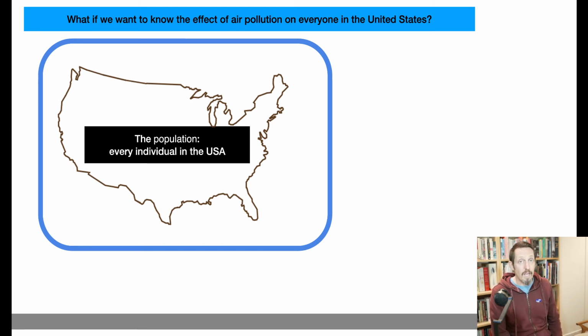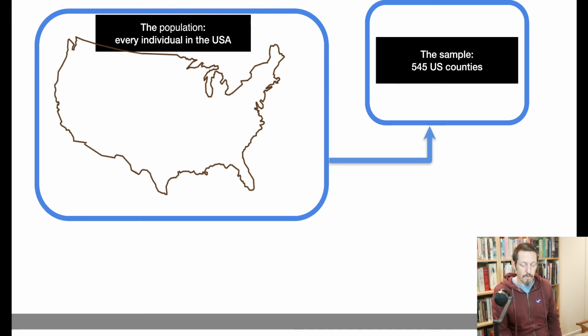So obviously we can't do measurements on every single American, all 375 million of us or whatever it is now, right? So instead, this paper takes a convenient sample, 545 counties in the U.S. Okay? I'm not sure how many counties there are in the U.S., but there's definitely thousands and thousands.